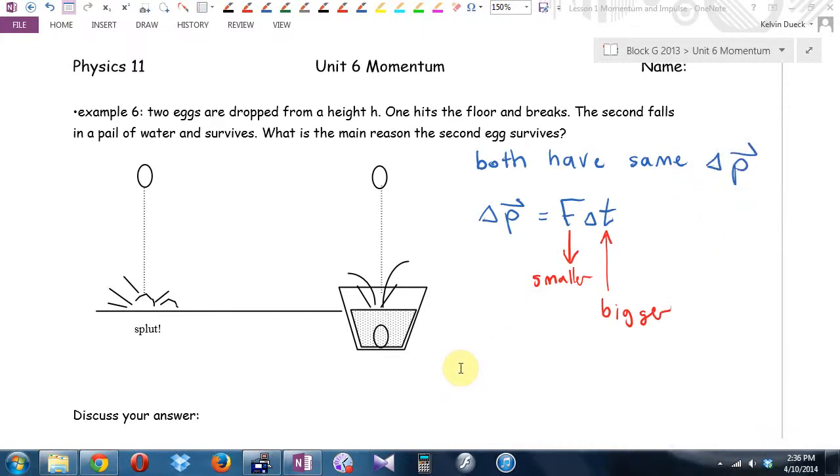So impulse allows us to explain why you can have some changes in velocity and survive just fine, and undergo that same change in velocity and have damage.